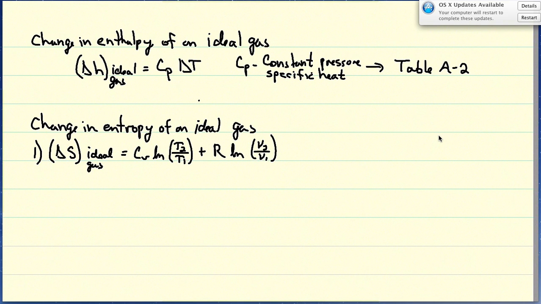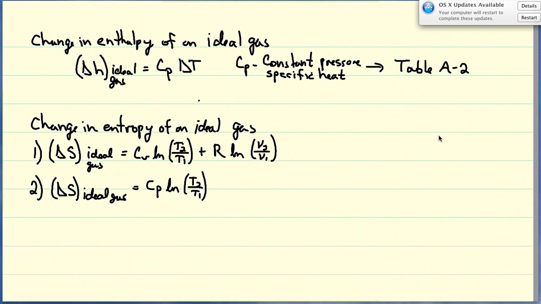The second form that you can use, and again, it all depends on what data you have available to you, is as follows. You use now the constant pressure specific heat times the natural log of T2 over T1, the temperature of the gas at state 2 divided by the temperature at state 1.